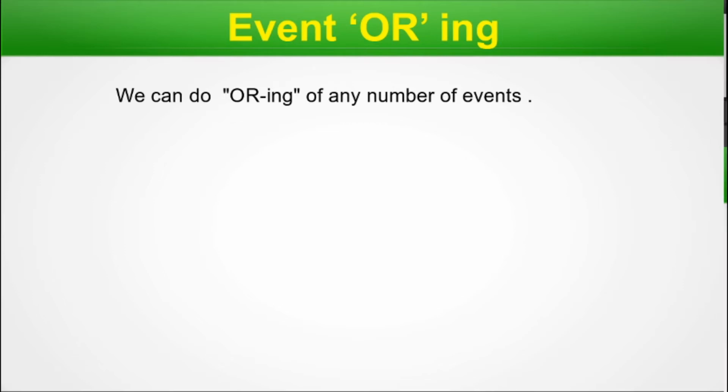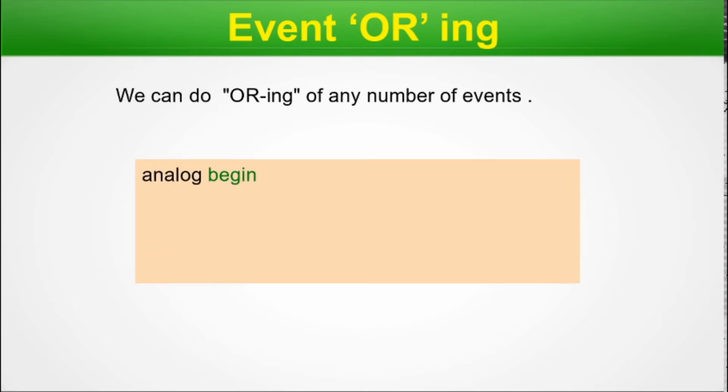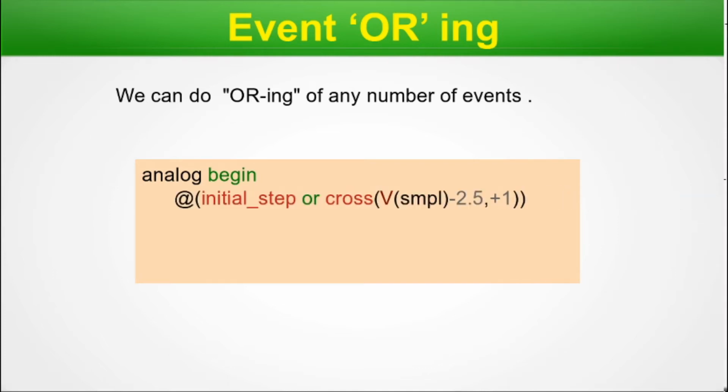We have already discussed this in our previous episodes. So here we'll see how we can OR two events. So we'll do this with an example. We write the analog begin here, then we write @ then initial step or cross, then within the cross we have the expression v sample minus 2.5 and the direction is +1.